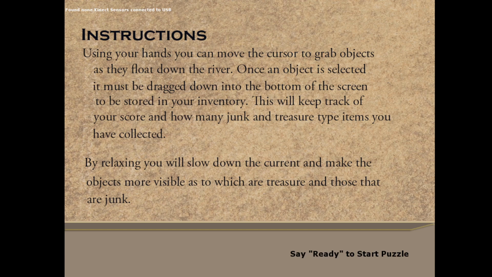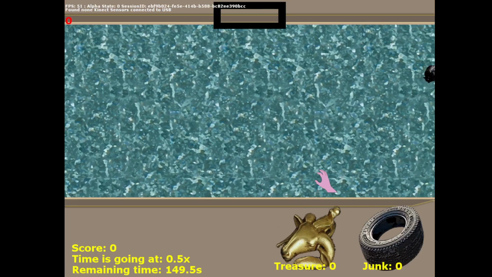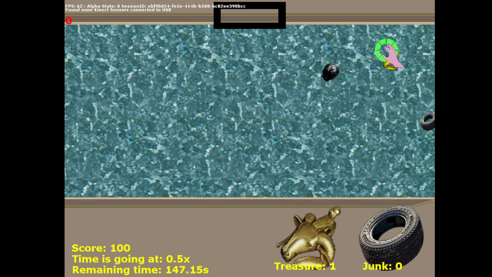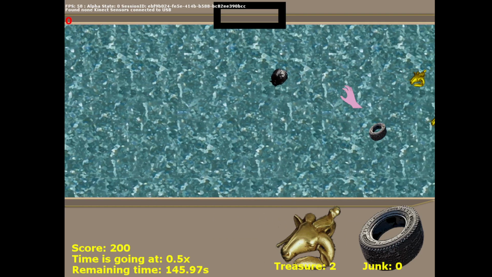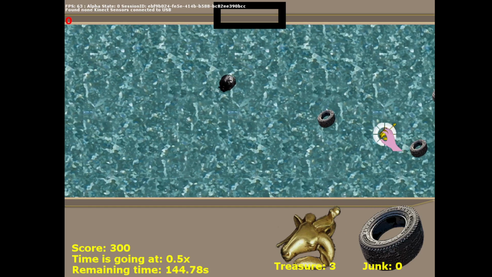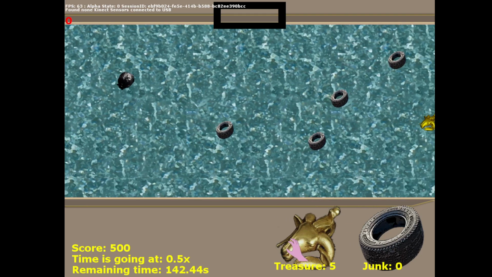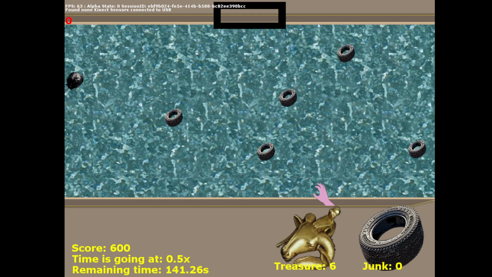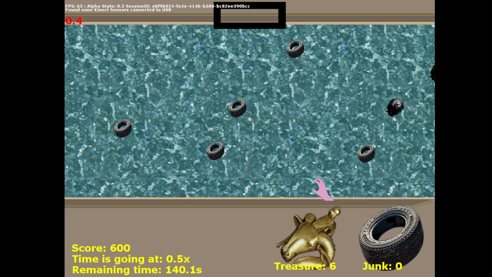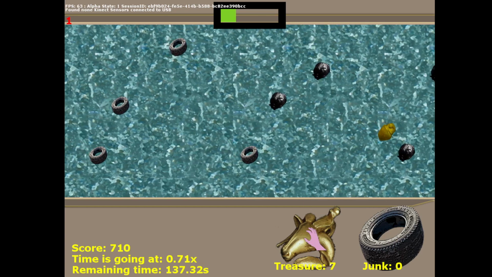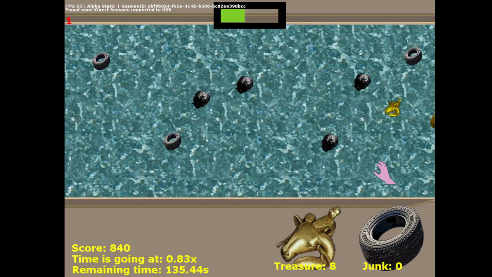And we don't want to capture any of the junk, obviously, so there'll be trash bags and I think tires, which are junk. So we want to collect some of the pieces. Basically we just want to collect as much as possible. At the moment the river is moving at full pace. So if I were to slow it down, the levels of the river are going to change.